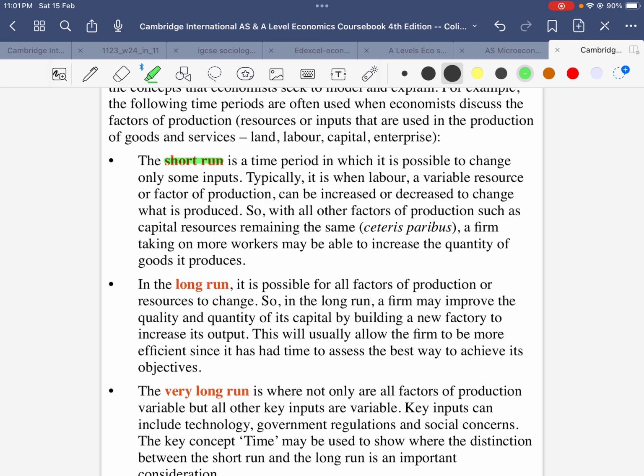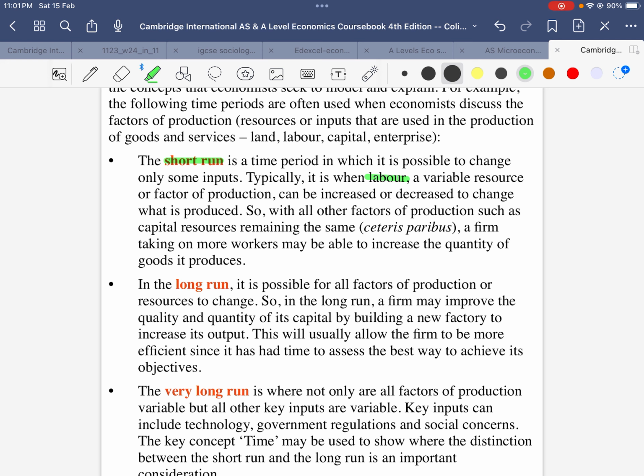For example, any firm that wants to meet increasing demands of goods and services can readily change labor, but they cannot change the amount of capital. They cannot get machinery there and then, right?